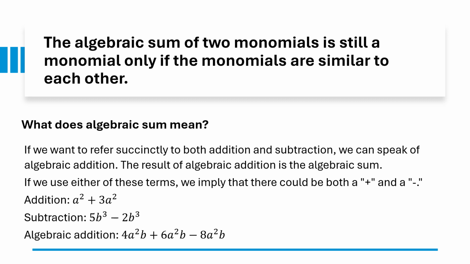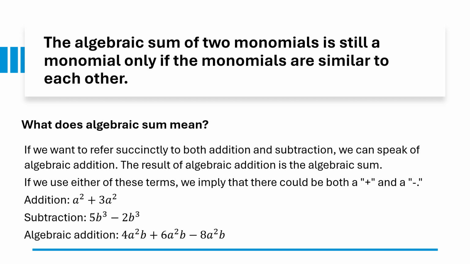And the result of the algebraic addition is the algebraic sum. You will sometimes hear the term misused, but you will hear it tons and tons of times, so we'll stick with it because it's extremely important in algebra and also in science in general.